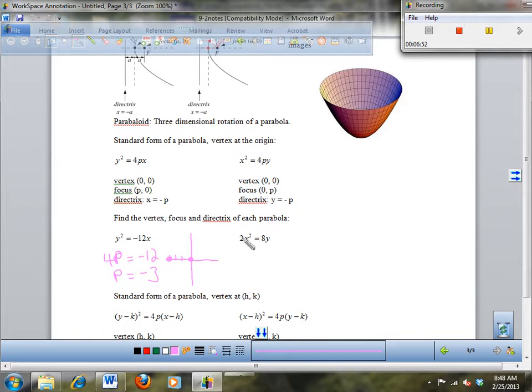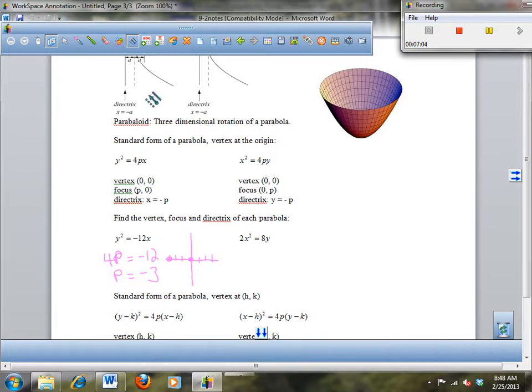And the directrix is over here, 3 units away from the vertex of the parabola. So the directrix, if I were to draw it in, is going down this way. x equals 3. Not a very straight line.